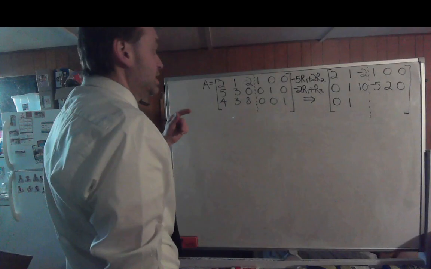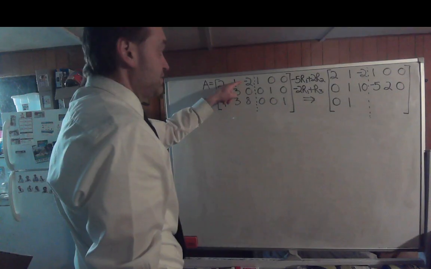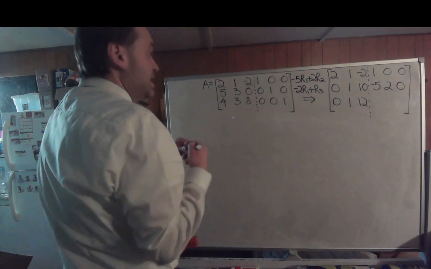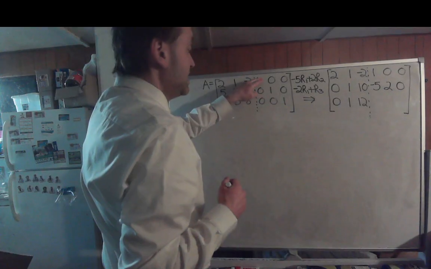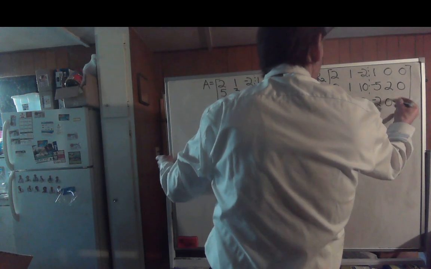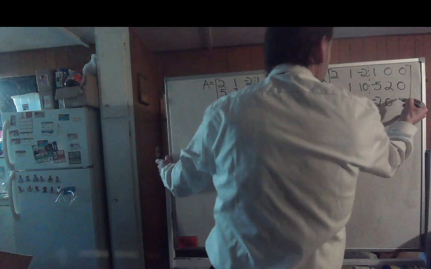Now, if I take negative 2 times negative 2, that's actually positive 4, plus 8 is 12. Now take negative 2 times 1, that's negative 2 plus 0 is negative 2. And then negative 2 times 0 is 0, plus 0 is also 0. Negative 2 times 0 is 0, plus 1 is 1.